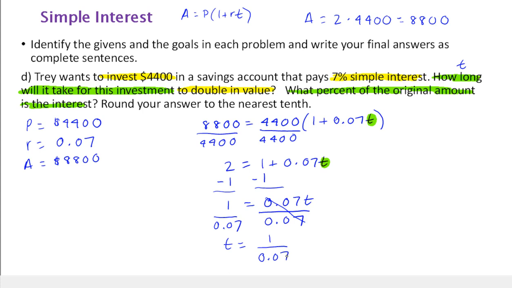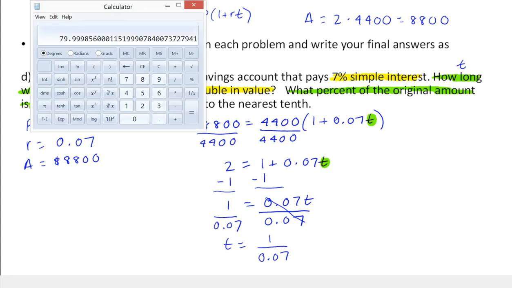Okay? And if you think about it, what this is really saying is if it doubles in value, it's going to be an increase of 100%. And every year we're going to get 7%. So it's asking how many 7% are in 100%. Okay? Now we'll have the calculator do this. 1 divided by 0.07. And we're asked to round to the nearest tenth, so the hundredths place is 8.